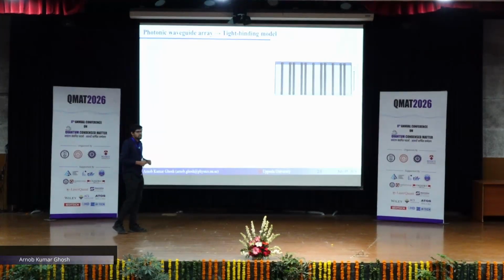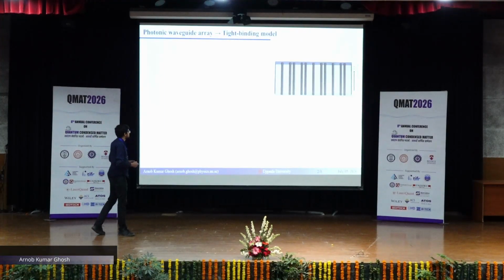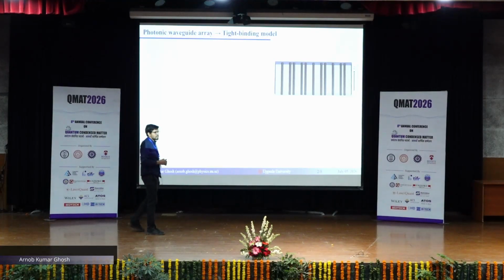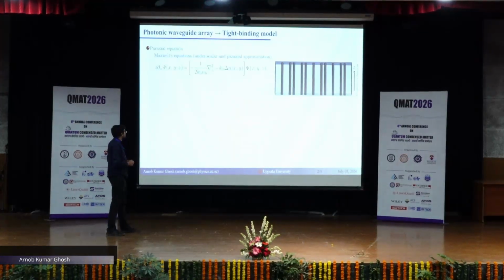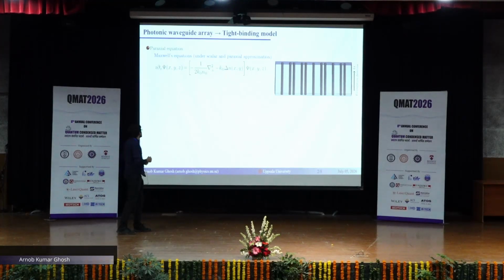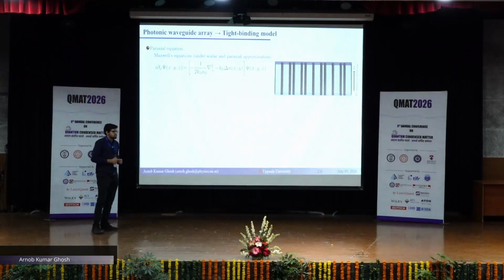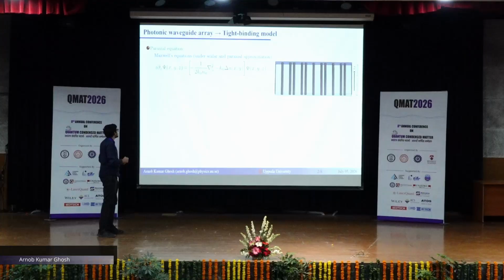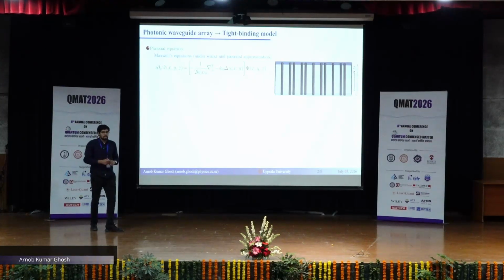As I said, I have photonic waveguide arrays, and in these arrays the propagation of light, or importantly the electric field component of light, is governed by this paraxial equation, which is nothing but the Maxwell equation under this approximation.